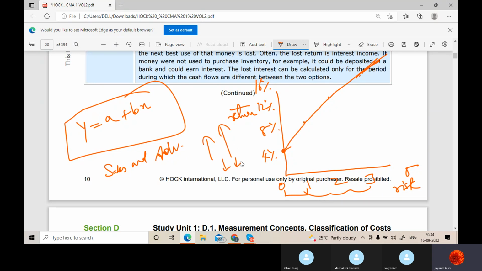If you decrease it, the sales can decrease. And the sales are solely dependent on the advertisement. So this is a dependent variable, independent variable. Price and demand. Price is an independent variable, demand is a dependent variable. The demand solely depends upon price. If you increase the price, the demand would decrease. If you decrease the price, the demand would increase. So that is what I wanted to explain.